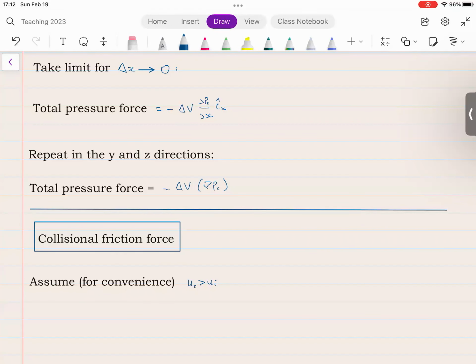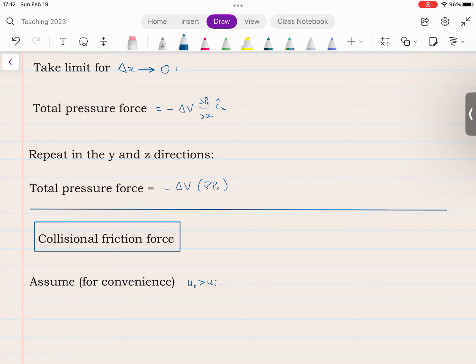Now, it turns out that we didn't really do this, but what we get from a single collision between one ion and one electron is that the change in momentum of the electron will depend on the difference in velocity between the electron and the ion.